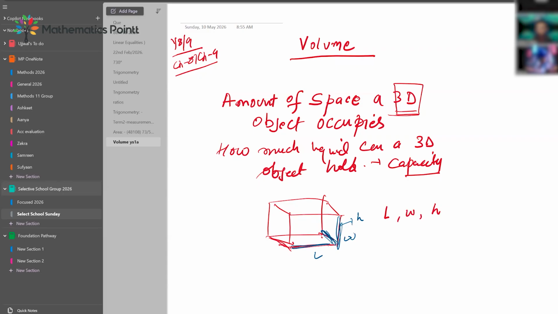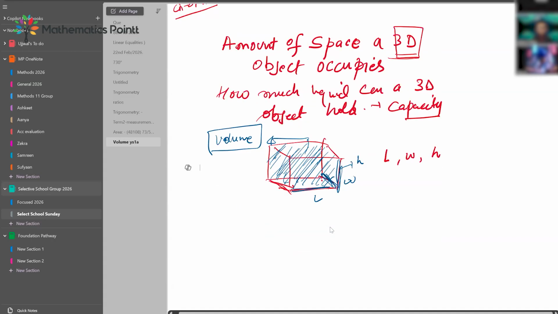So when we are measuring the space occupied inside, or the space which is enclosed within this 3D object, we are essentially talking about measuring the volume. Very, very simple.